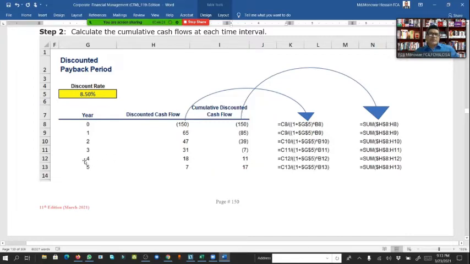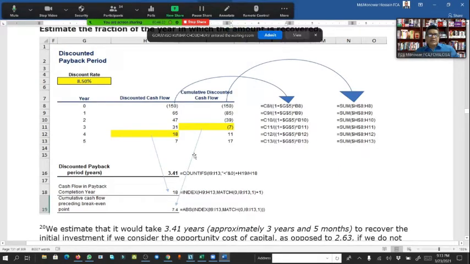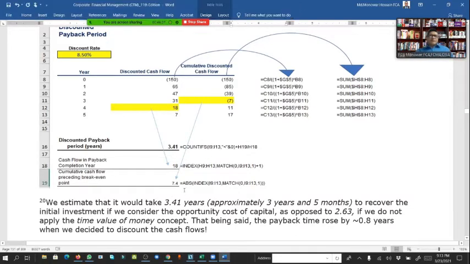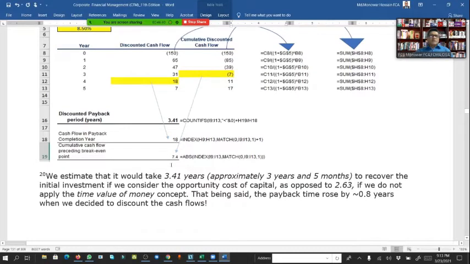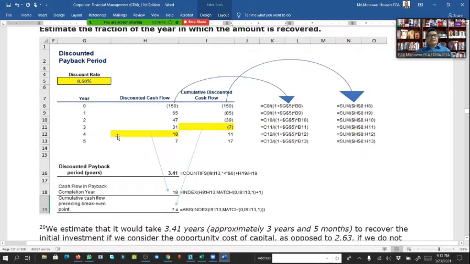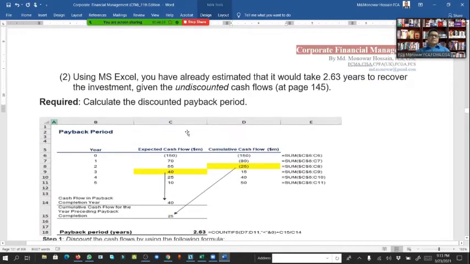From here we see that in year 4 it is positive. So from there we calculate 7.4, that means the fraction is 0.41. So the discounted payback period is 3.41, because 3 is the base and year 4 is the completion year. So 3.41 is the discounted payback period.